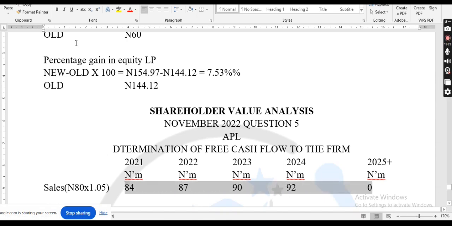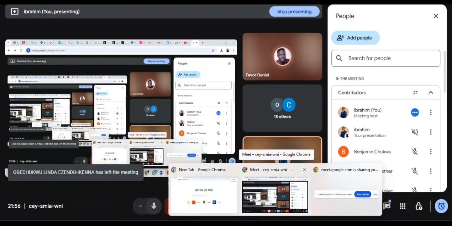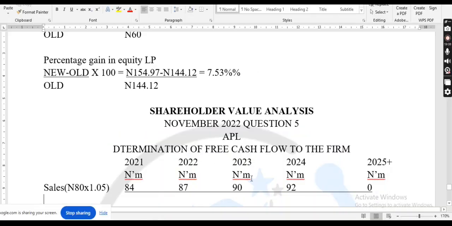If this is 92, it shouldn't be increased in 2025. So that's 92. Okay, there is no increase, right? Yes, no increase. 0% increase. Okay.